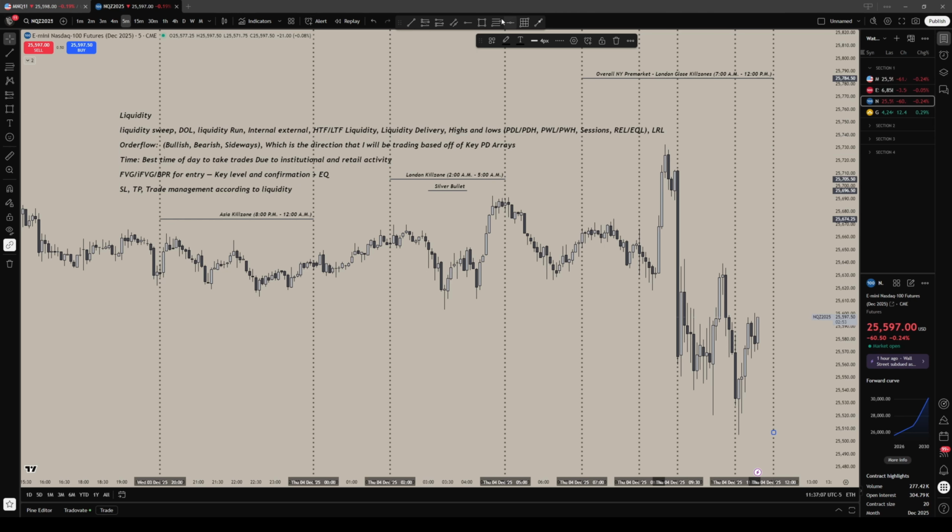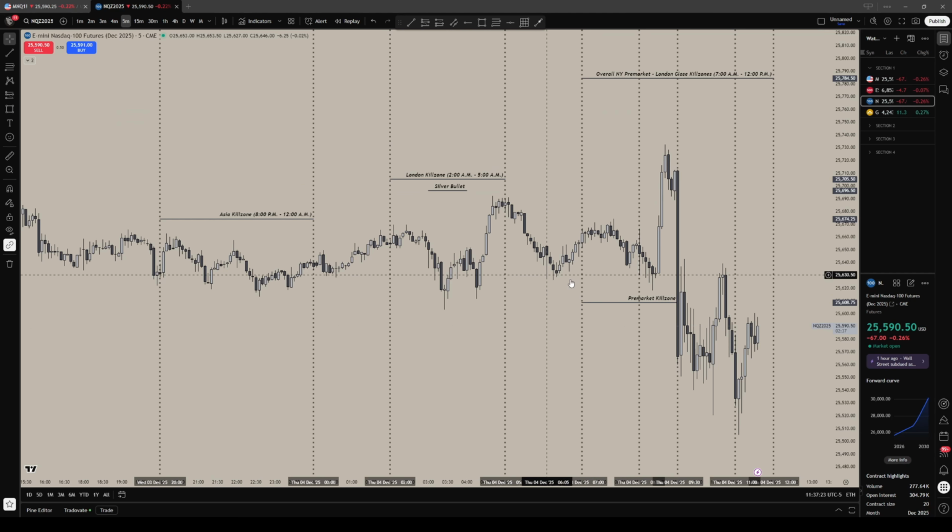Without getting too confusing, between 7 in the morning to 9:30, this is the pre-market kill zone. Pre-market kill zone. It's from 7 a.m.